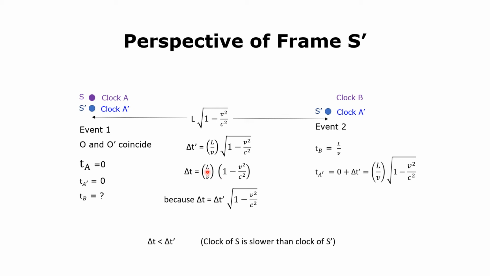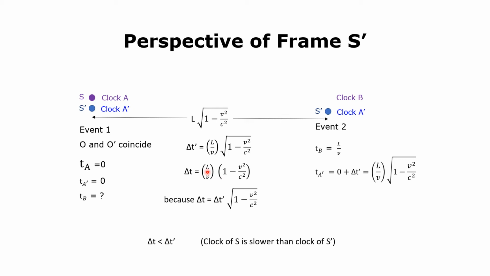As you can notice, the expression for delta T in this slide is different from the expression for delta T in the previous slide. This is because in the previous slide, we assumed that frame S was reading all the clocks. In the current slide, we are assuming that frame S prime is reading all the clocks.